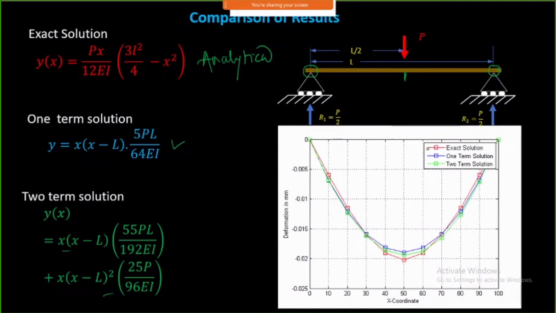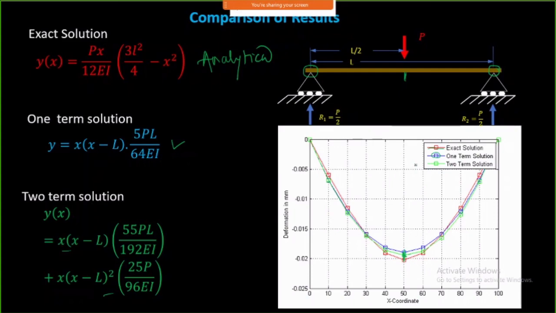The red line indicates my exact solution, and the one term solution has a somewhat larger gap from the red line. The two term solution gives better results than the one term solution, though it is not exactly equal to it. This is how you can look into the Galerkin method.